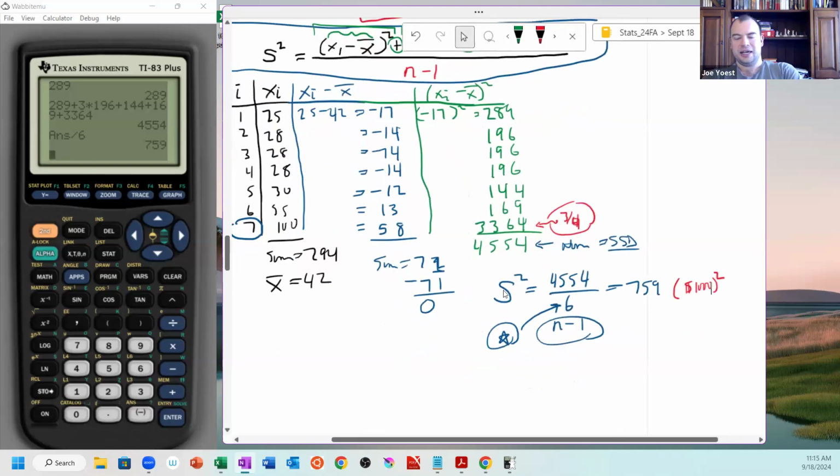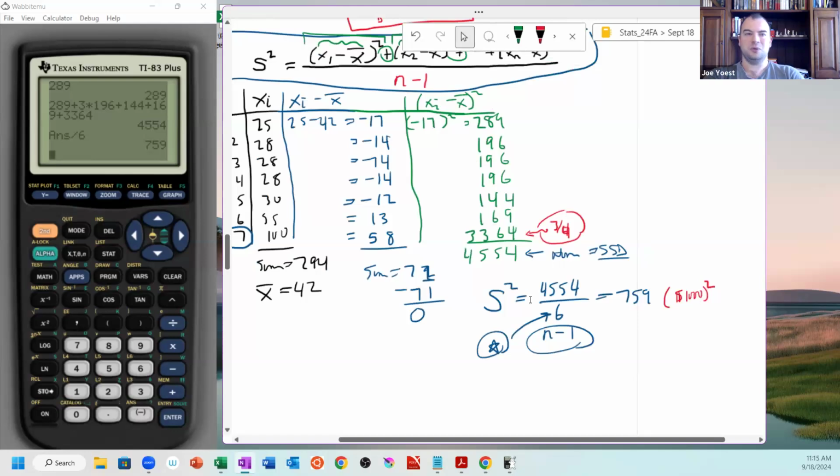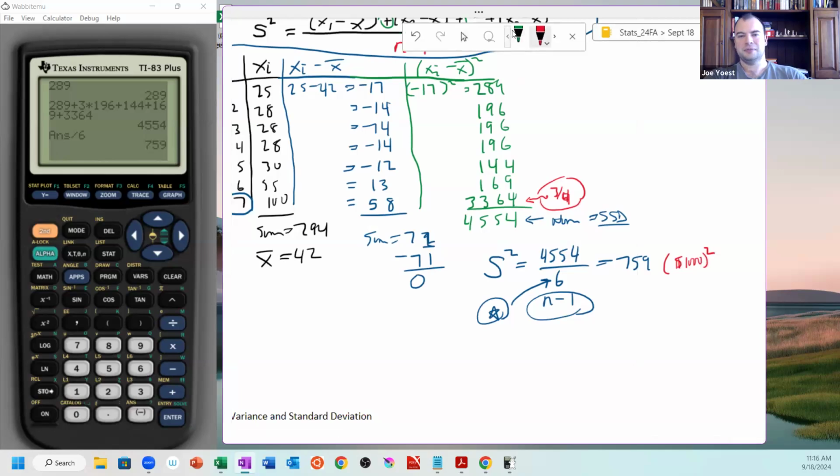Okay, so again, I have my sample variance here for the salary data, 759 square thousands of dollars. I don't really know what that means. If I want something that I can interpret, I report the sample standard deviation, which I denote S, and it is the square root of 759.